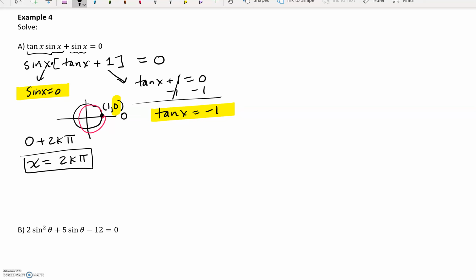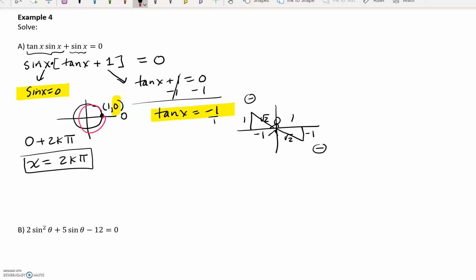And then as far as tangent is concerned, tangent is negative in 2 places, in quadrants 2 and 4. So I can either use the inverse feature on my calculator, or just say, all right, I have 2 answers, one in quadrant 2 and one in quadrant 4. Tangent is opposite over adjacent, and that's a special triangle we recognize.